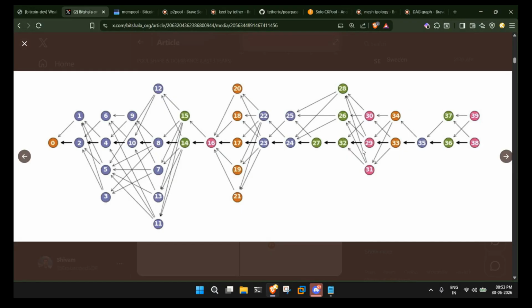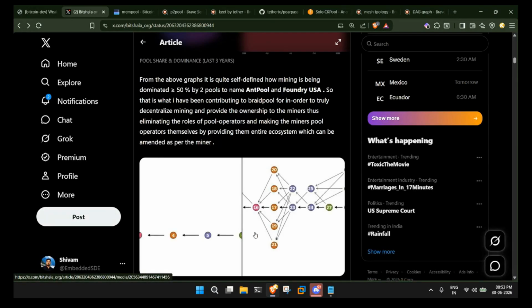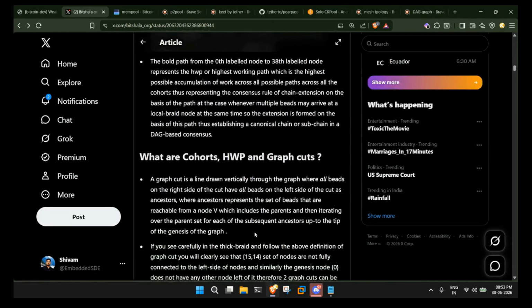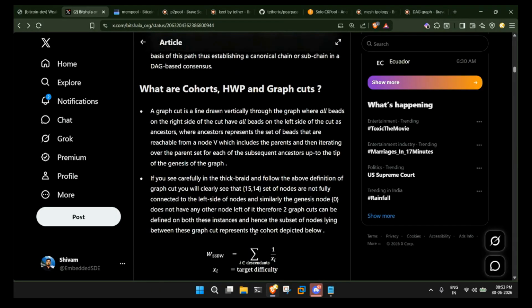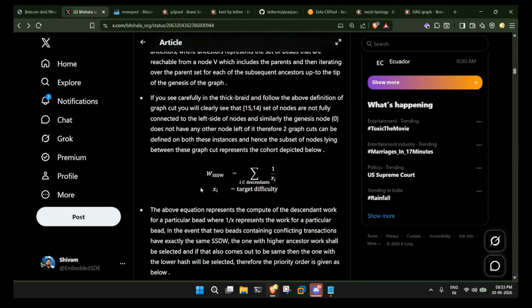This is the way if you want to get a little more consistent pay as compared to lottery mining. You can use Braidpool, and that will help with decentralization because many people are coming together to help mine the block. You will find this link and can go through it.